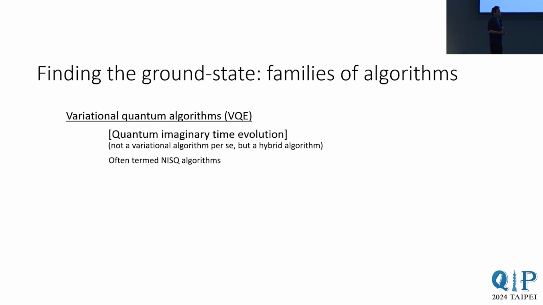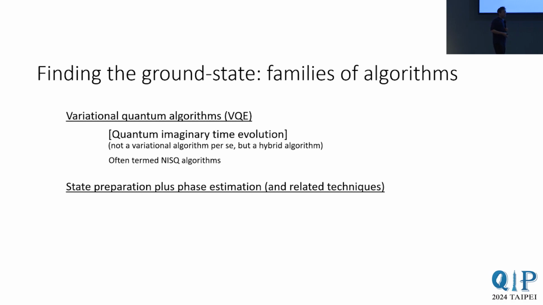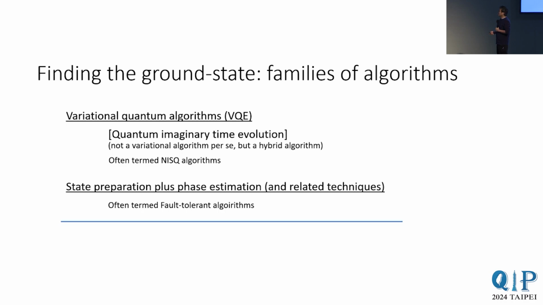And these are sometimes termed NISQ algorithms. And then the other class of algorithms are related to phase estimation, where you first prepare some states, and then you, for example, do phase estimation or something a little bit similar to that, and then measure to project onto the ground state. These are usually toward fault-tolerant algorithms.